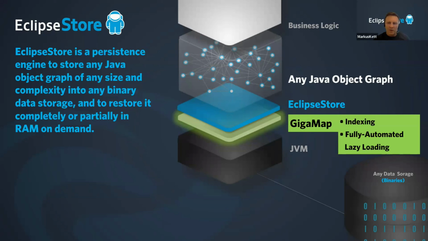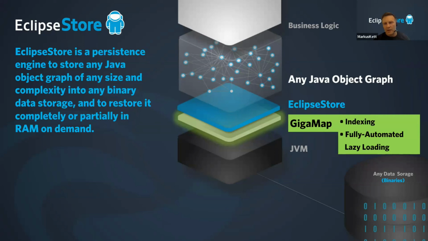And this GigaMap was introduced by MicroStream as a commercial add-on to EclipseStore. But our first announcement today is that GigaMap will be open sourced and will also become part of EclipseStore.